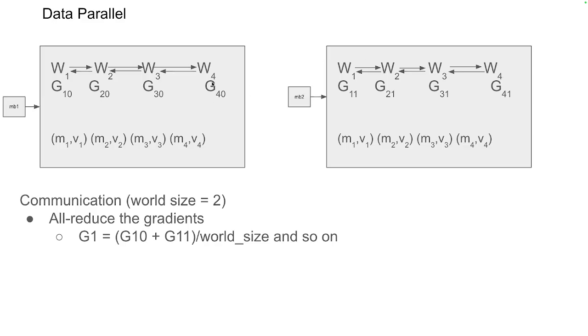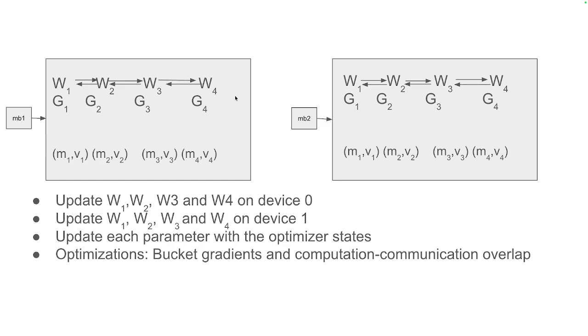You can get back G4, so that as it comes to G11 and G10, you already have G2, G3 and G4. So you have kind of overlapped communication and computation.